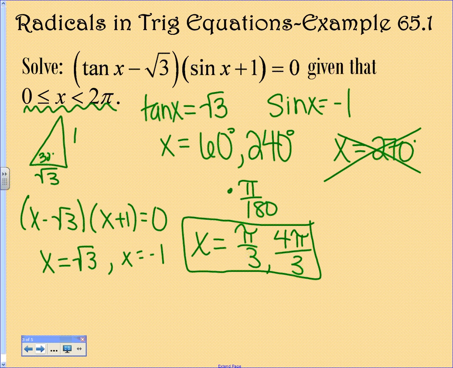And those are your answers. So if you forget to check your answers, your answer won't necessarily match up with the answer key. You'll have too many answers sometimes. So if you have too many answers, go back and check and see which ones wouldn't work.